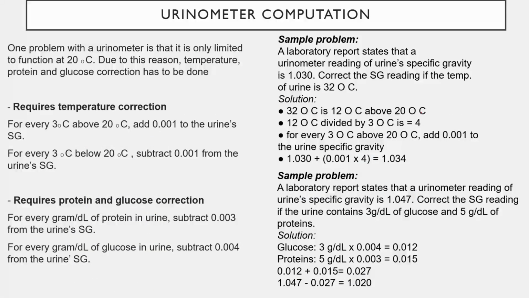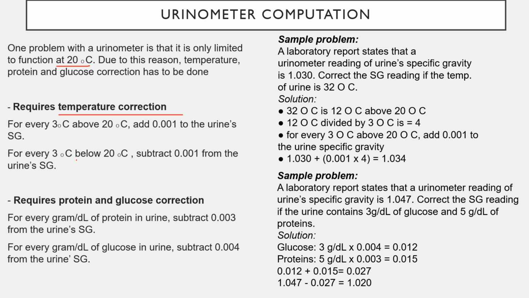Now, when using the urinometer, class, there is a problem. The problem with using a urinometer is that it is only limited to function at 20 degrees centigrade. So if the sample is at a greater temperature, you need to perform a temperature correction. So please take note, for every 3 degrees above 20 degrees centigrade, add 0.001 to the urine's specific gravity.